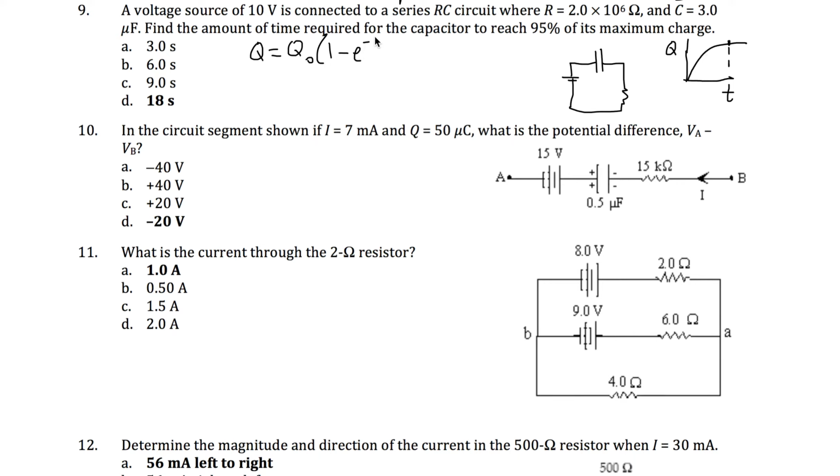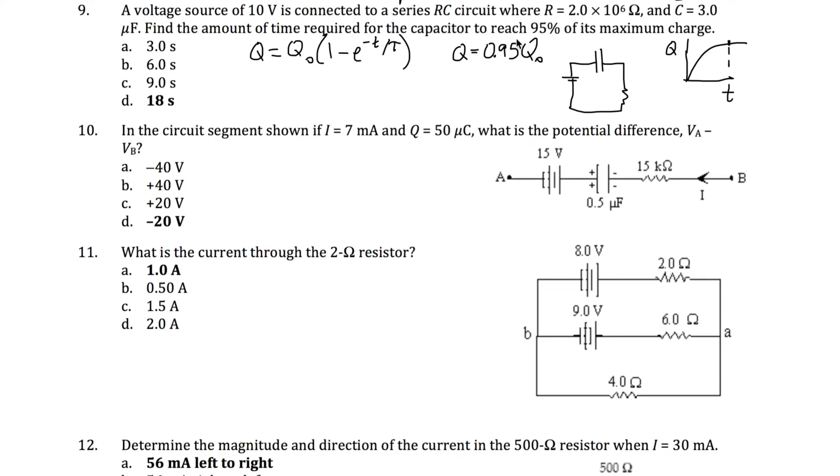And it's this one, where Q0 stands for maximum charge. We're looking for time, but we're not told exactly how much charge we're going to have, but we know that we're going to have 95% of the maximum charge. So the Q that we're looking for is 95% of the maximum charge.